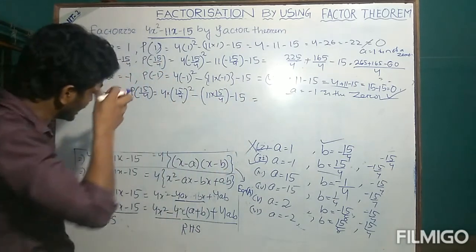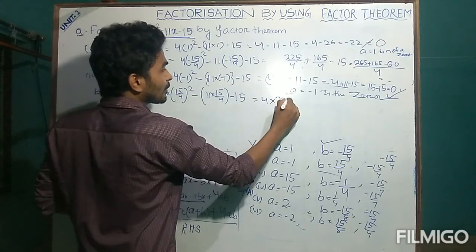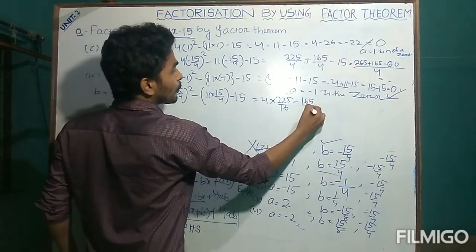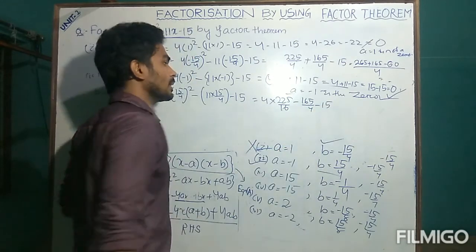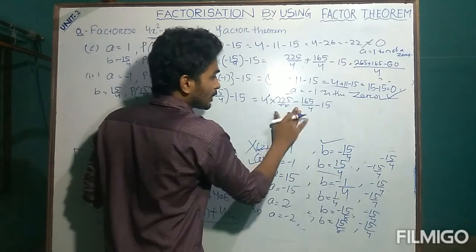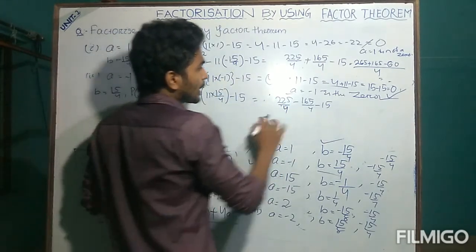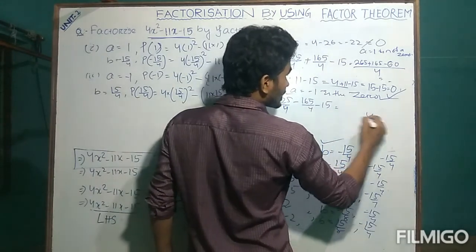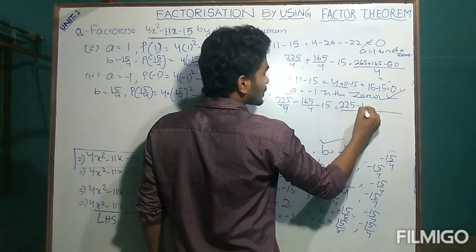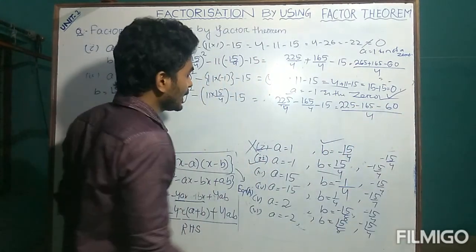Now 4 whole into 15 square is 225 by 16, minus 165 by 4, minus 15. Okay. Now 4 into 16, so I am writing here directly 225 by 4. Now 4 is taken as LCM.